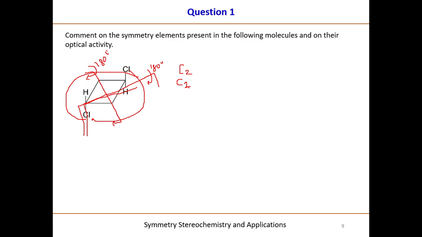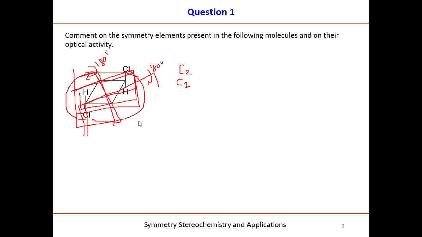There are two C2s. Now we will check whether a plane of symmetry is present or not. Here you can see that you can cut the molecule this way and you will get two equal halves of the molecule, right? Now you can cut the molecule this way also, but you will not get the other half because here we have hydrogen and chlorine, so we have only one plane, this one.